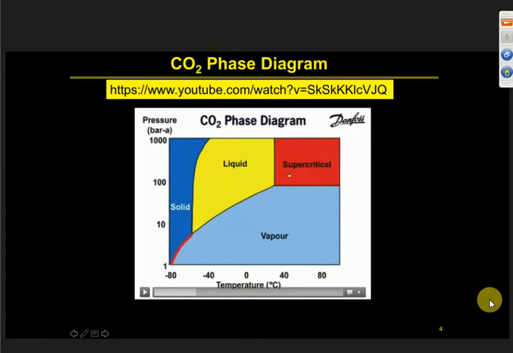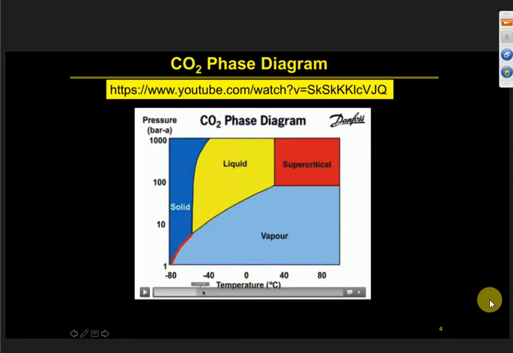But when you go into the supercritical phase, this phase boundary cuts off. That means there is no distinction between liquid and vapor. So this is called a fluid. And then there is a solid-vapor equilibrium curve and a solid-liquid equilibrium curve.